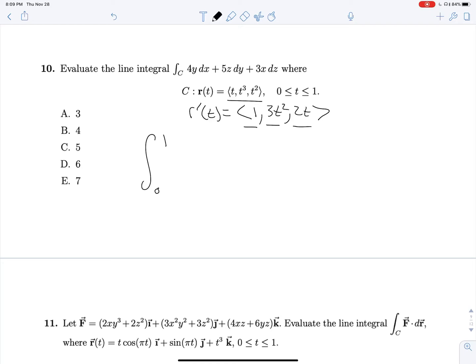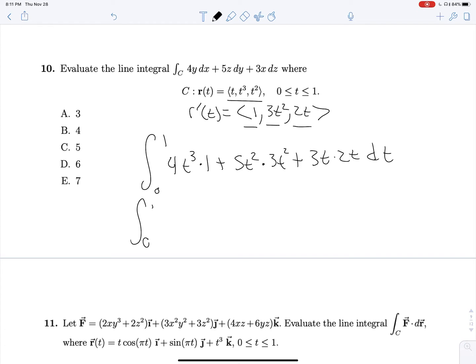So we have the integral from 0 to 1 of 4y, so 4t cubed dx, which is just 1. And then we're adding 5z, so 5t squared multiplied by 3t squared. And then we have 3x dz, which is going to be 3t, and dz is 2t, and all of that dt.